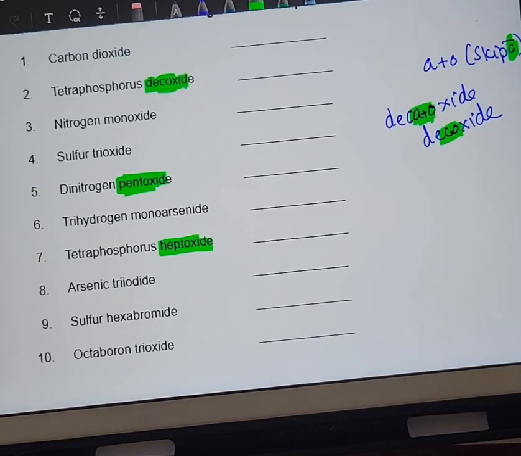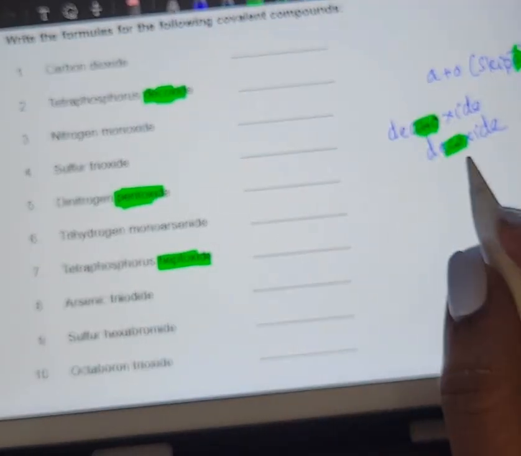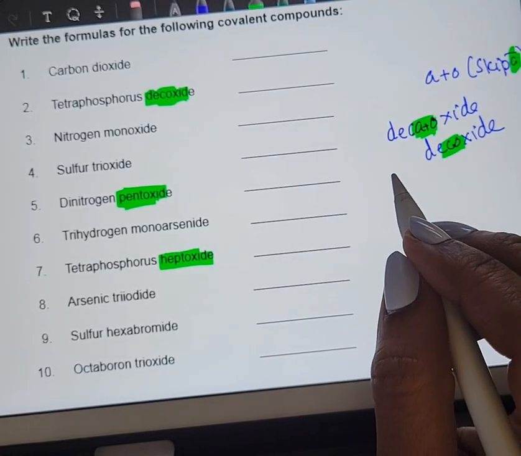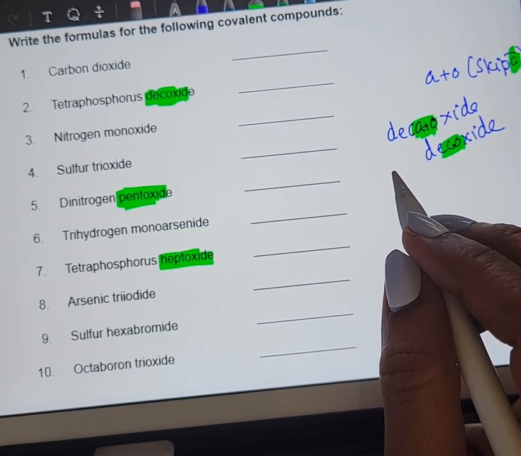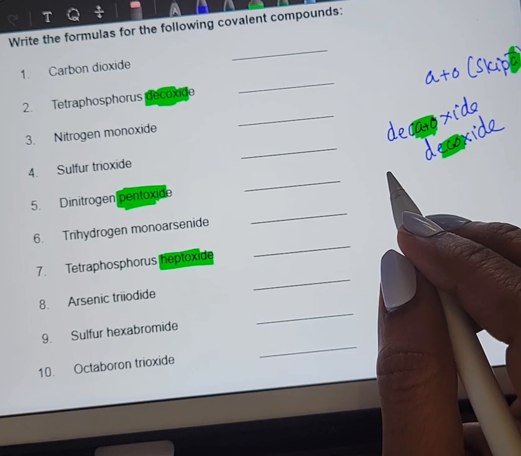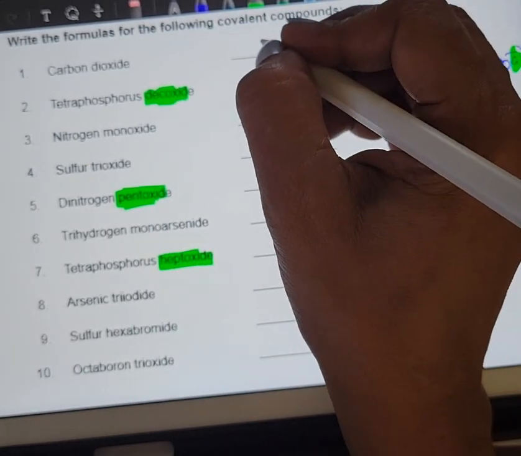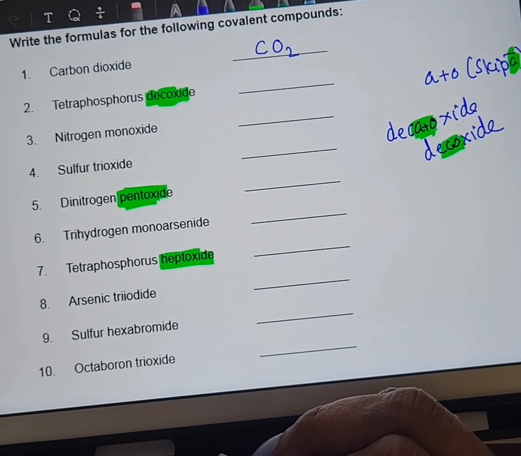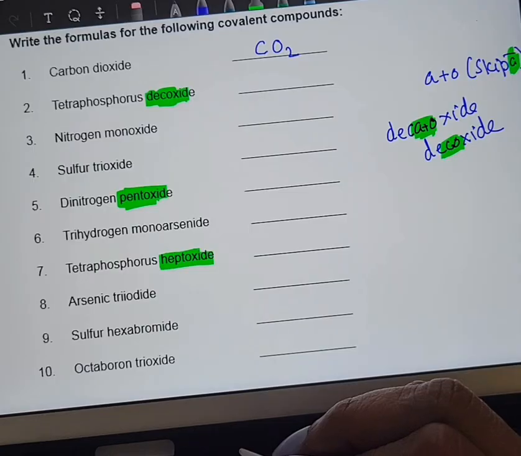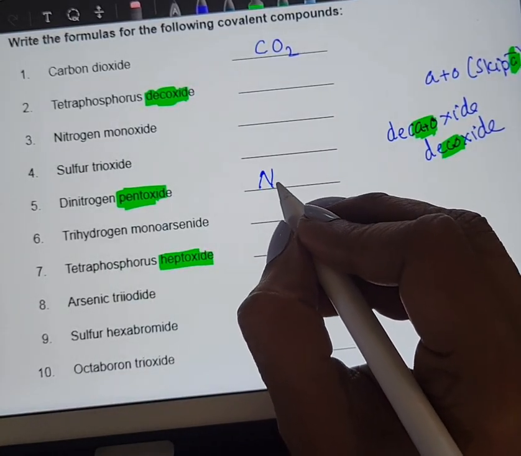Okay. So I'm going to do one example for you guys. Then the rest of that you have to stop the video and finish every other question. And the rest of them will be a review next class. Okay. So I'm going to do number 1, which is carbon dioxide. Okay. And do maybe 1, 4. No. I'll do number 5, which is dinitrogen pentoxide.